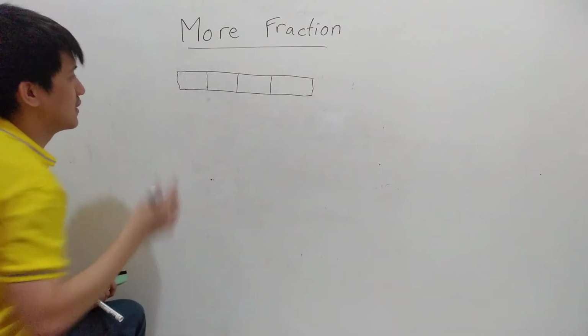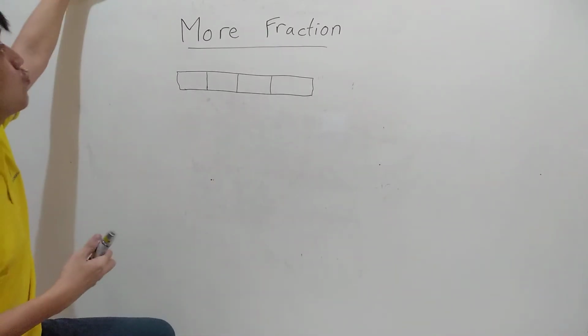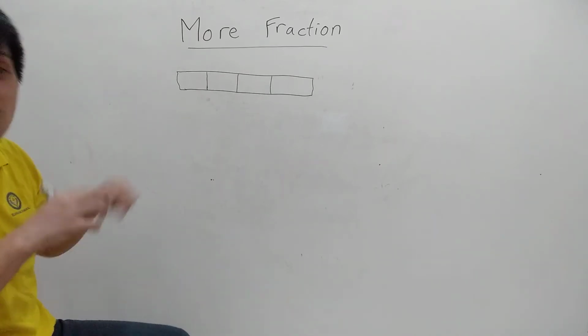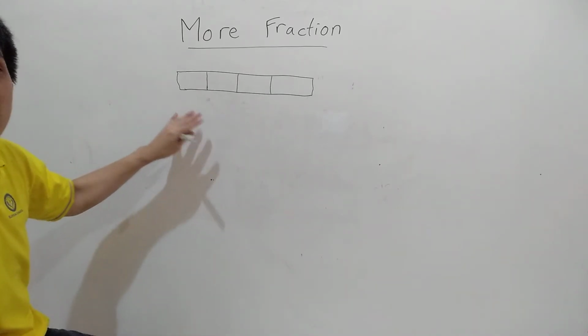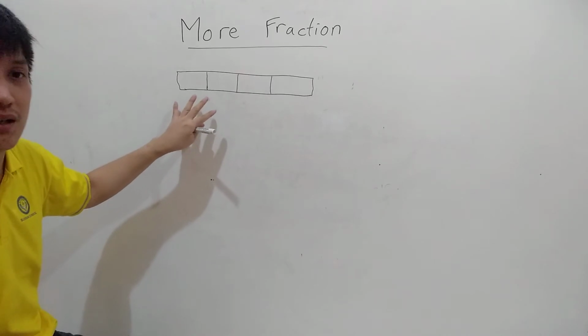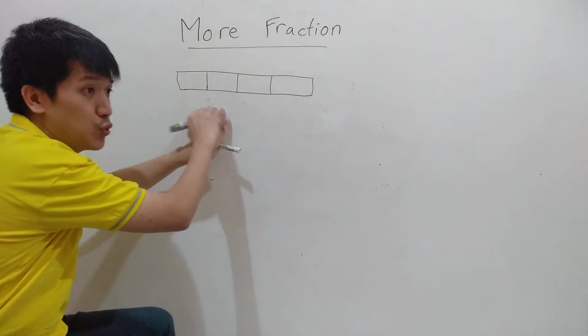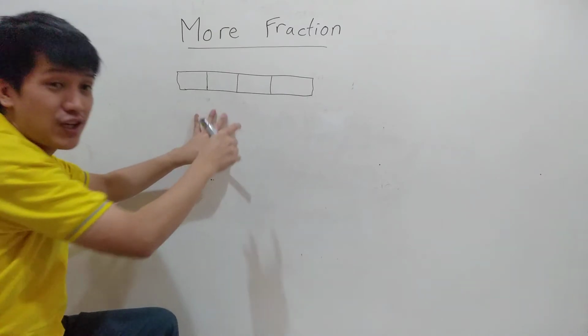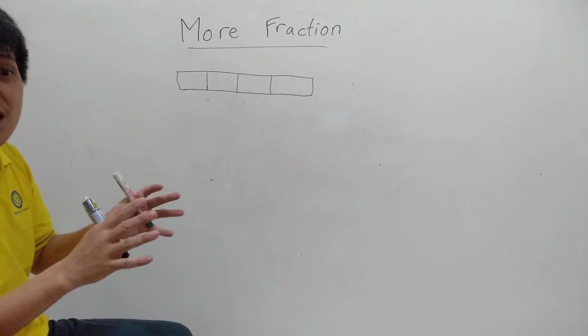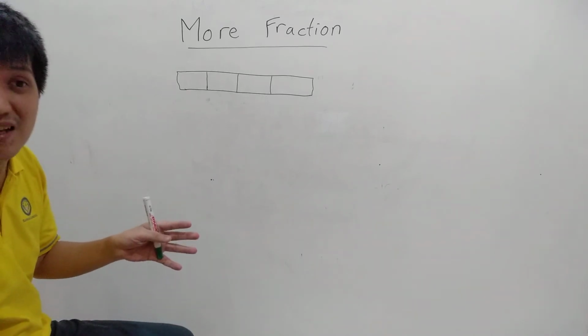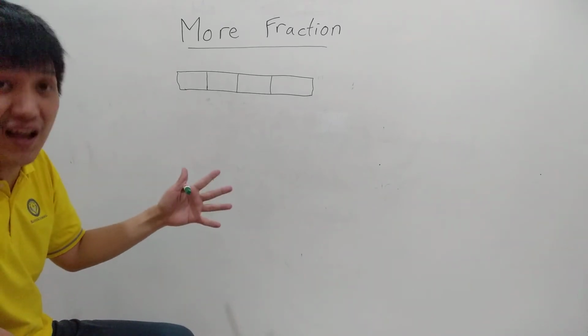Okay, good. If you draw it by yourself, you are not asked to do it perfectly the same, using a ruler to measure it. It will take a long time, and during the test or the class assessment, you only have limited time, right?